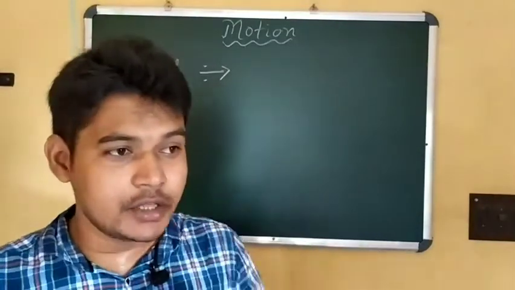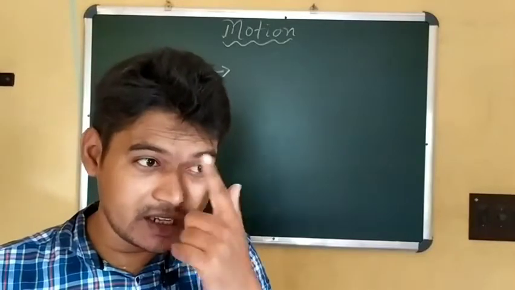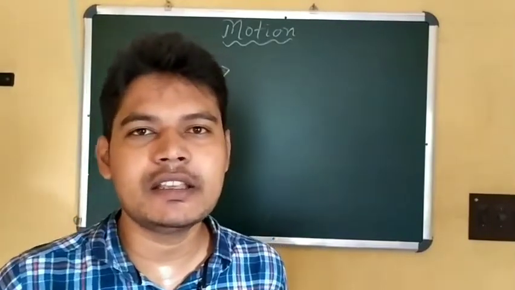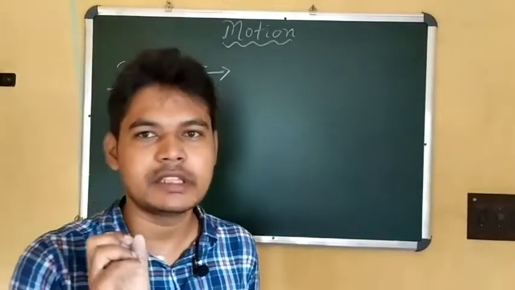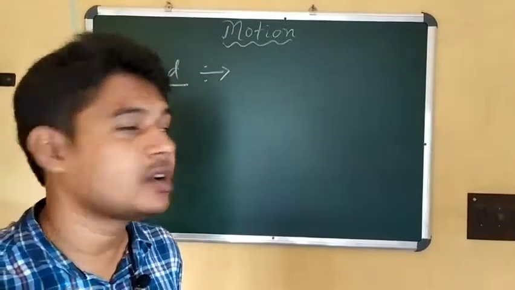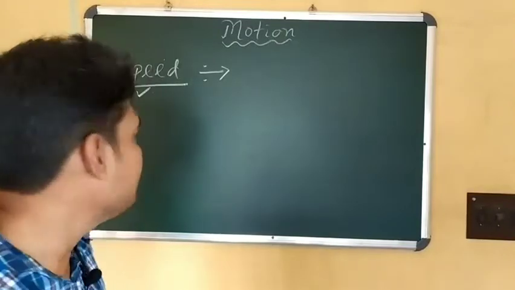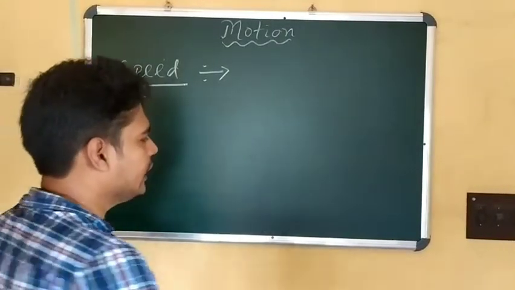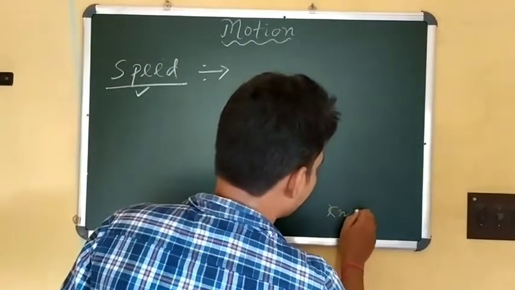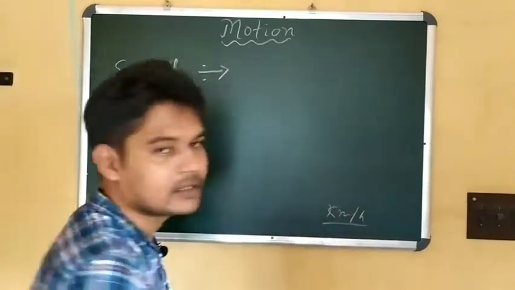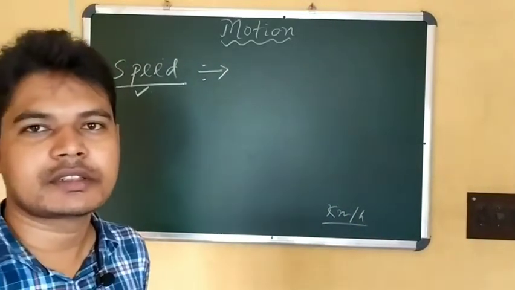At first, usually you have seen that in a car or bike there is a meter which shows the speed, and you can see it is written there kilometer per hour. So we will discuss this.